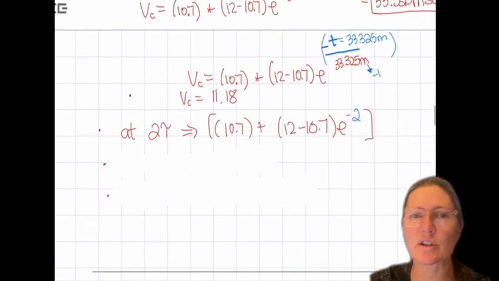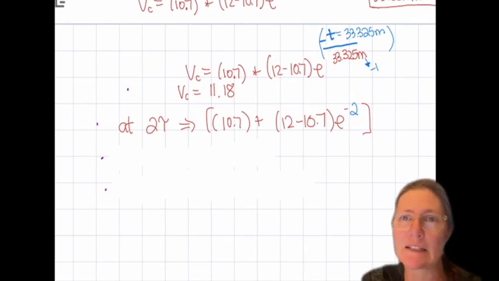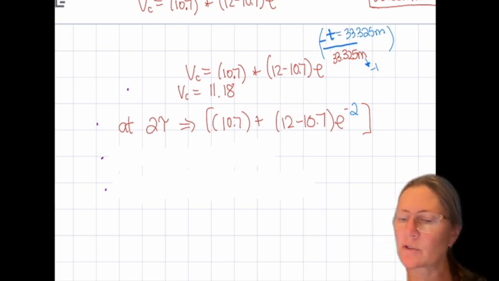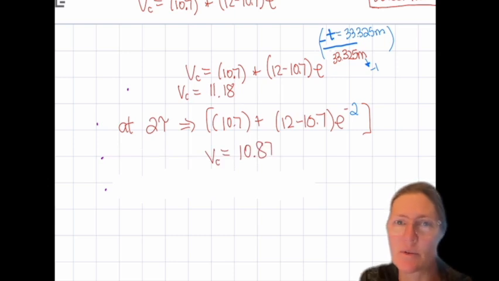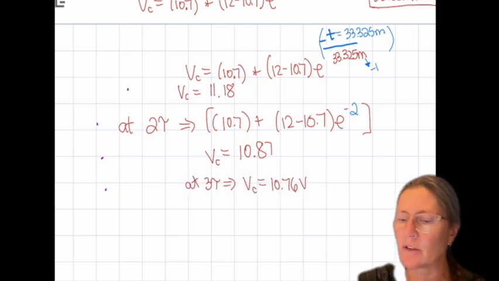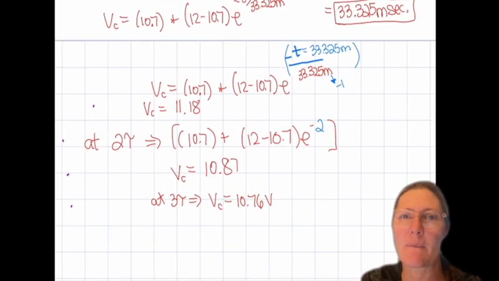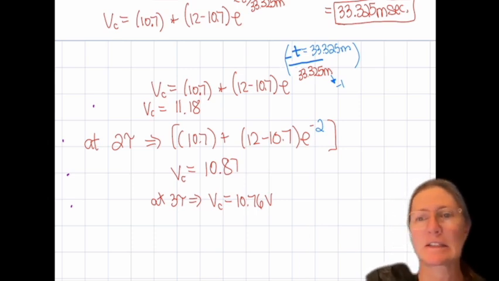So at 2 tau, so about 66 milliseconds, you're going to see that it is closer, and it is actually 10.87, which is very, very close to 10.7. And then at 3 time constants, you're going to get 10.76. So again, very, very close after about 3 time constants.